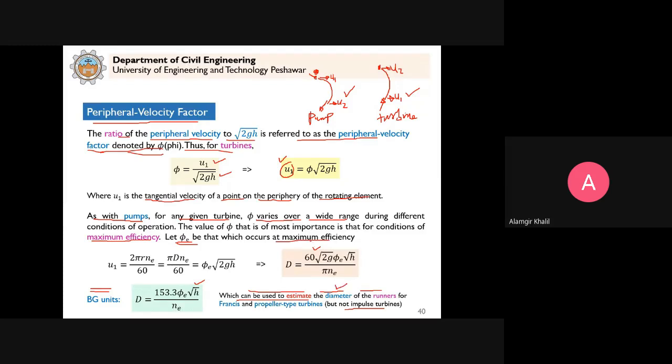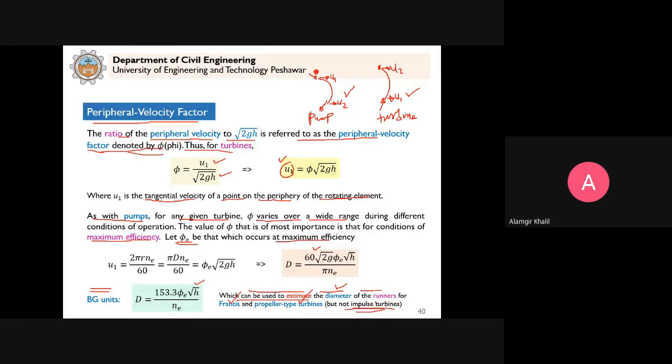You see, these concepts are used in the preliminary design. We can estimate the diameter, and what diameter? The runner diameter for the Francis turbine and the propeller turbines, clear? But not the impulse turbine.